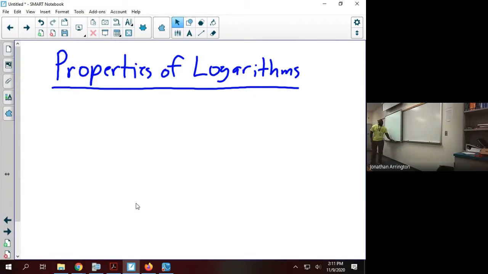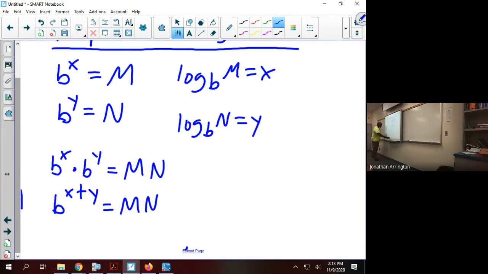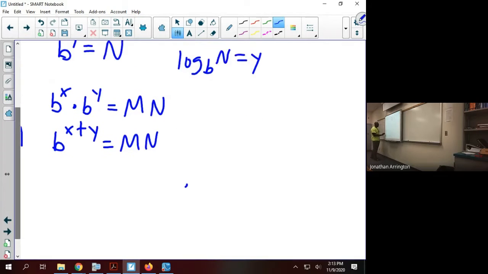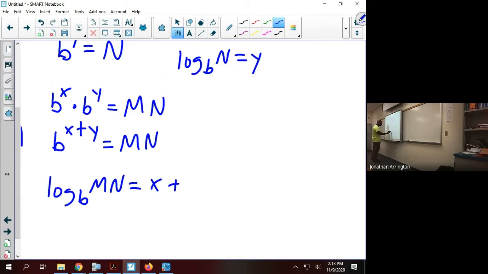I'm going to put some stuff up here that you should be quite familiar with. If I write this in logarithm form, I'm going to write it below. It'll be log base b of m times n equals x plus y.